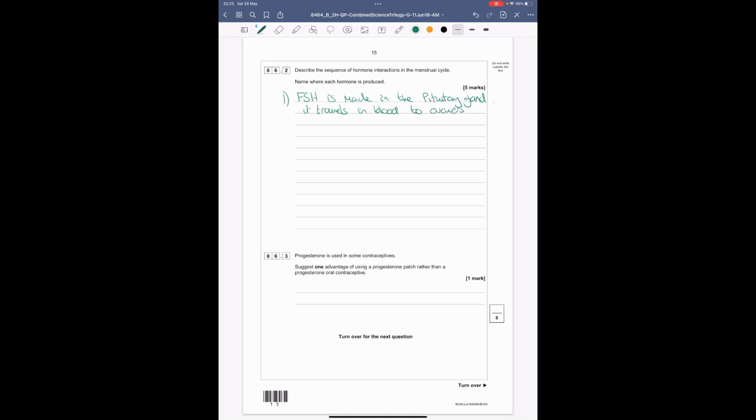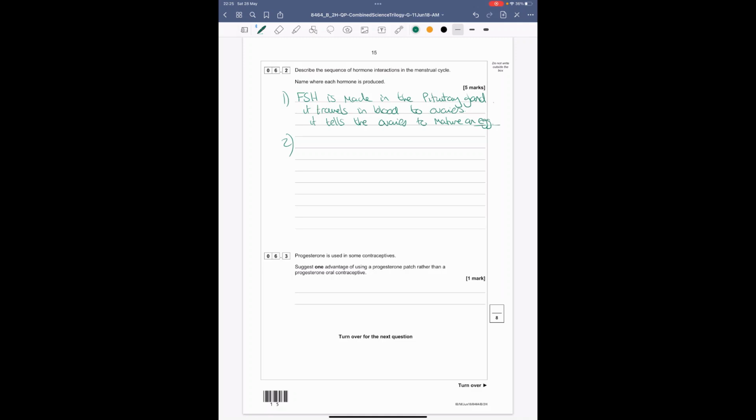Its job is to mature the egg. It tells the ovaries to mature an egg. Possibly 2 if a bit too much FSH is produced.